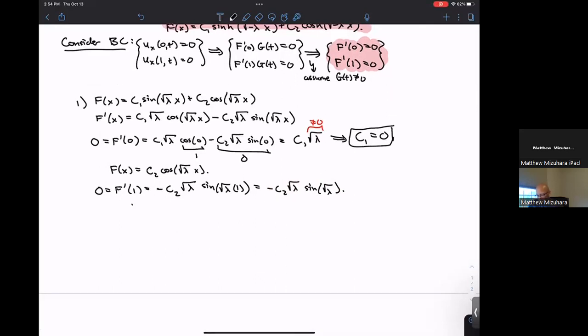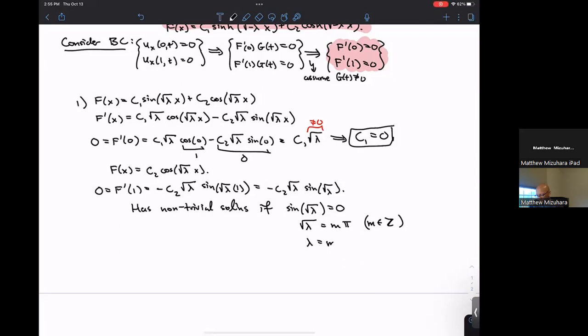So this has non-trivial solutions if sine of root lambda equals 0, which is the same as saying root lambda must be an integer multiple of pi. So this is some m pi, where m is any integer. Or in other words, lambda should be m squared pi squared.